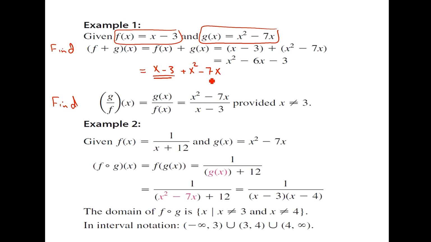This is f and this is g. We only add x with x and x squared with x squared. We have one term in x squared and two terms in x. x minus 7x is minus 6x, and we have one constant, minus 3.